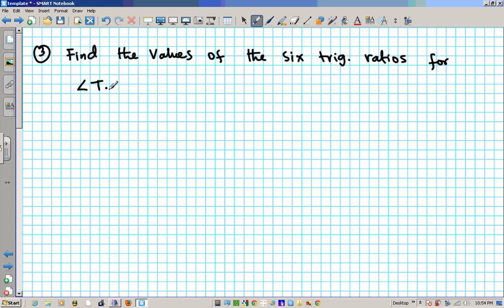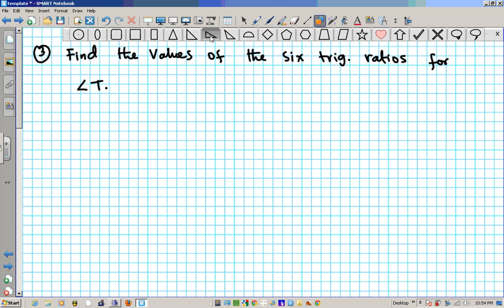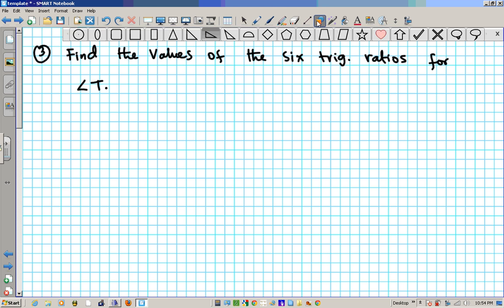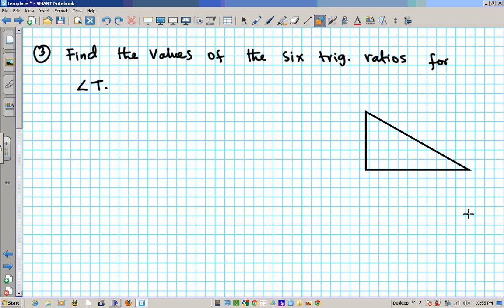Okay. All right. So let's say we have a triangle like this. I'm going to rotate it, so don't draw yet. So let's say we have a triangle like that.